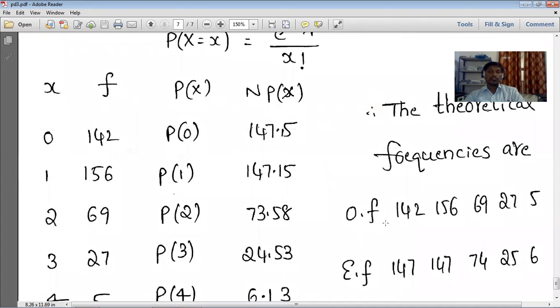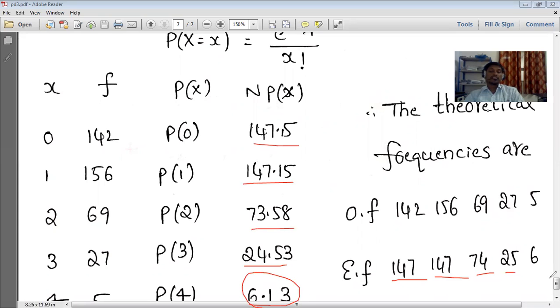Now we write observed frequencies and theoretical frequencies, rounded to the nearest integers. Here we got 147.15, so we wrote 147. Next 73.58, so this is 74. Next 24.53, 25. 6.13, 6.